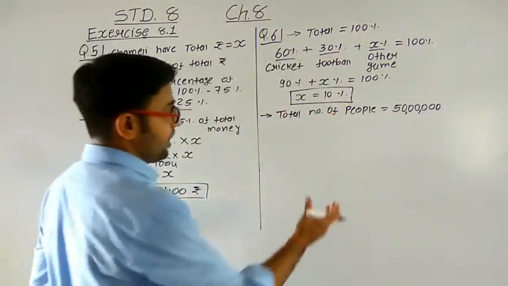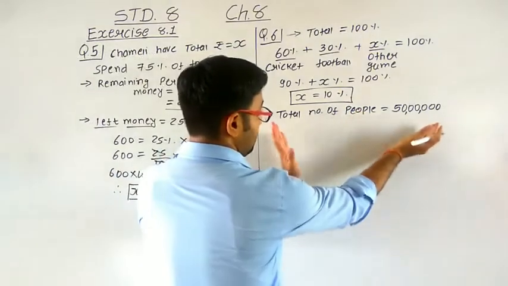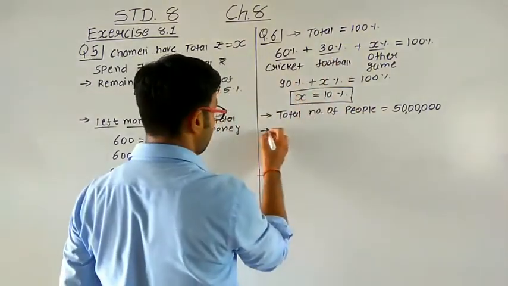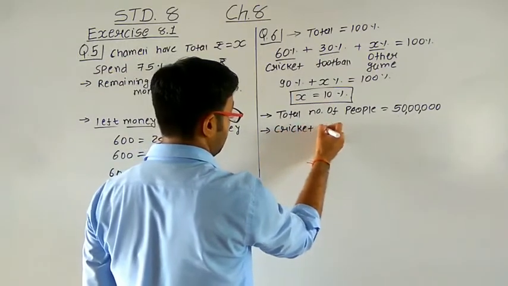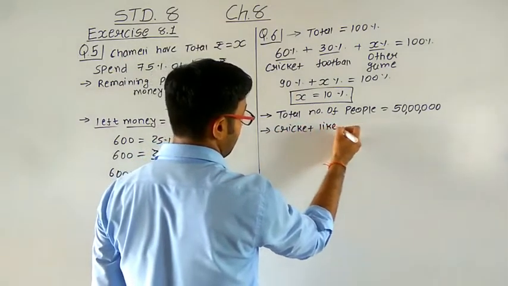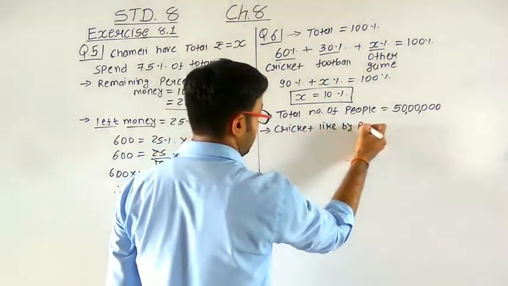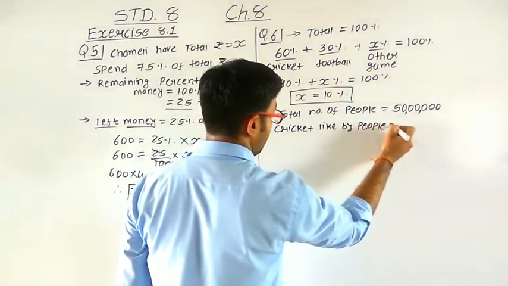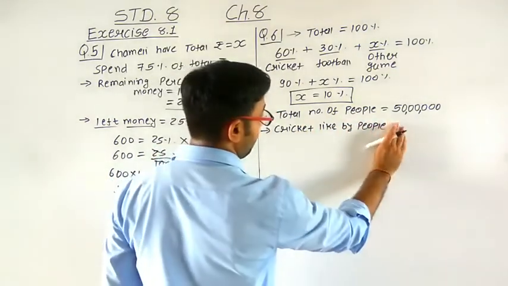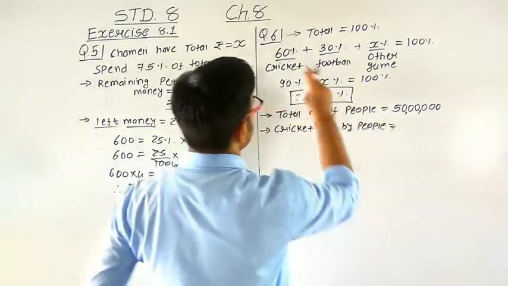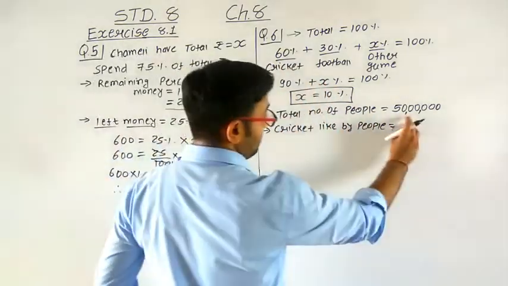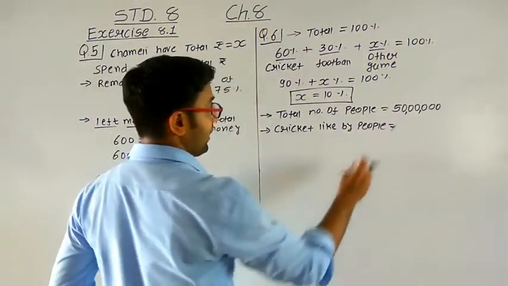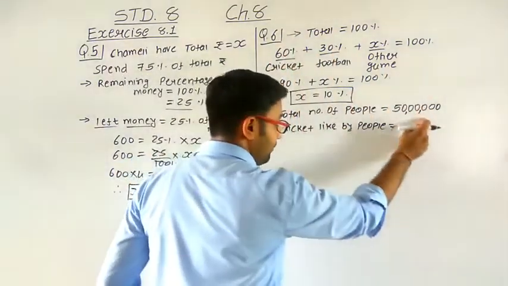Now we have to find out how many of these people like cricket. Out of 100%, 60% of people like cricket. So see, the total number of people is 50 lakh, so we have to find 60% of the 50 lakh.